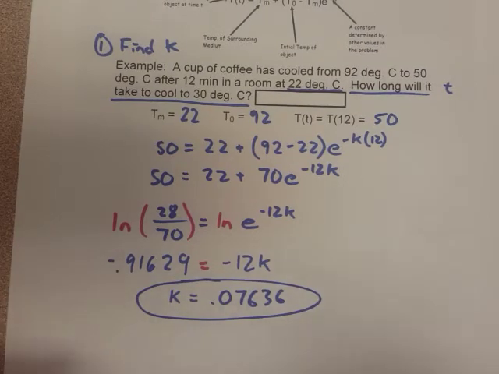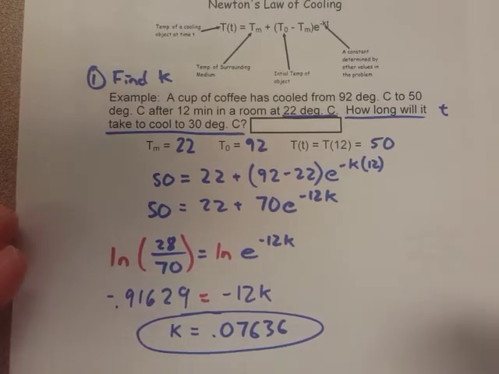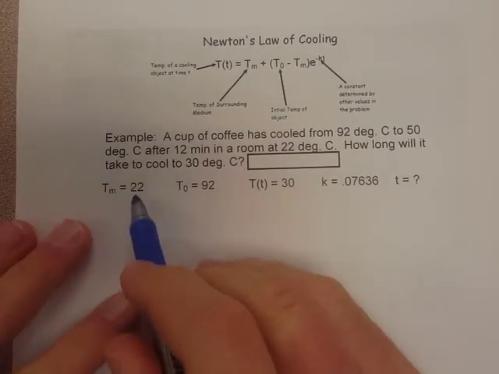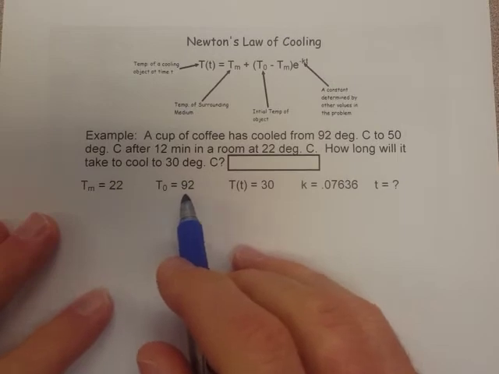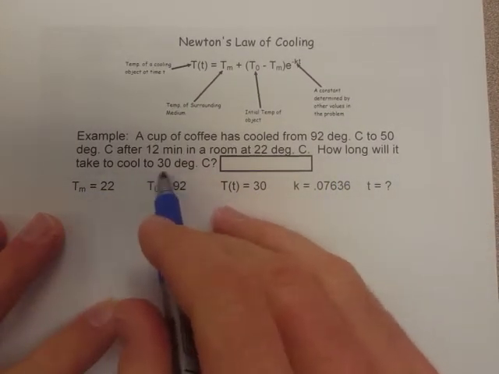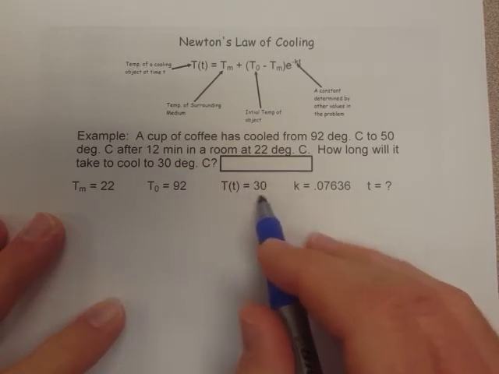So that's k, and we're going to use that in the next step to find out the actual answer to our problem. So we're going to take that k and use it over here. All right, so now here's what we've got. We already had t sub m, we already have t sub 0. We want to figure out how long it will take to cool to 30 degrees Celsius, and so that's going to be our new T of t.